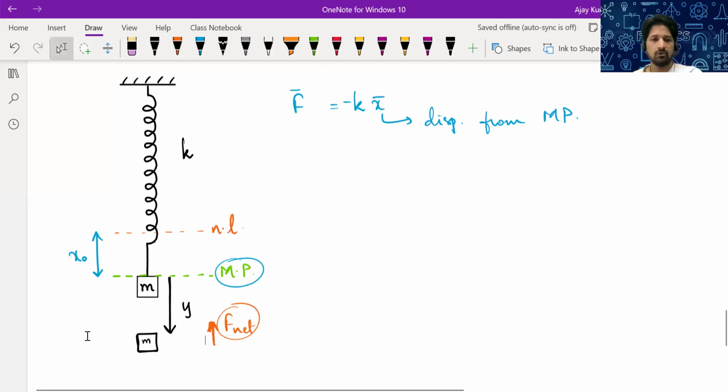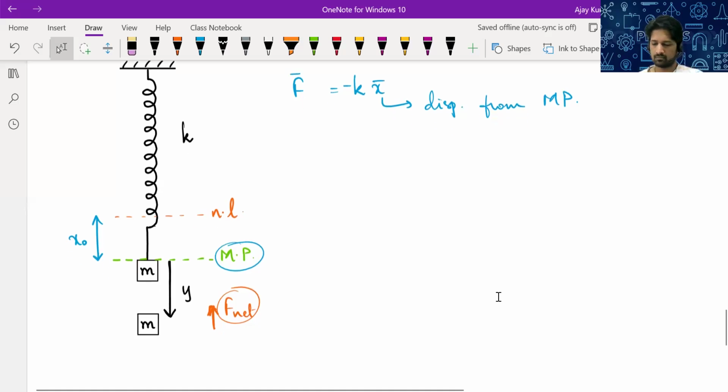Now I want you all to tell me, what are the forces acting on the block? Respond quickly. When it is pulled down by some distance and released, what are the forces acting on the block? So it's weight and spring force.